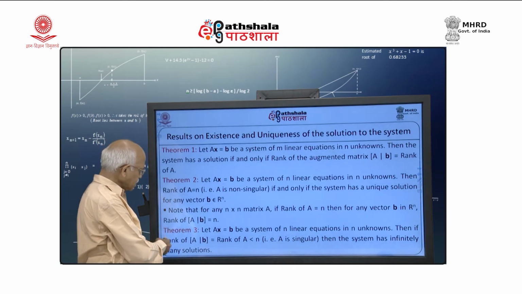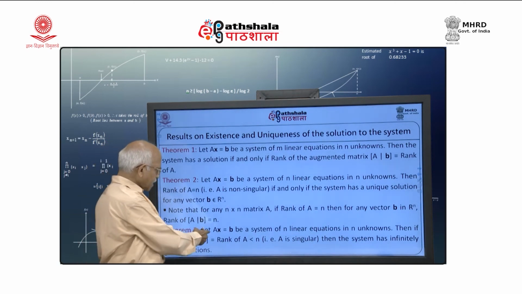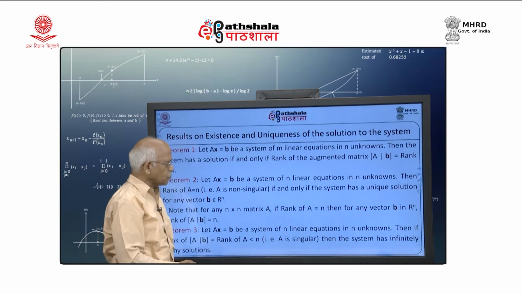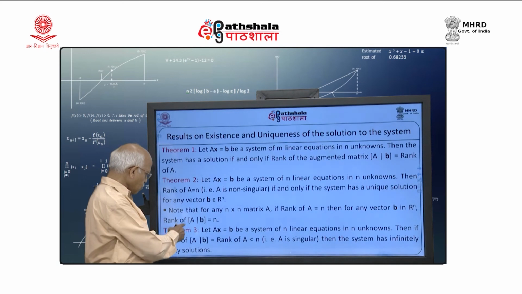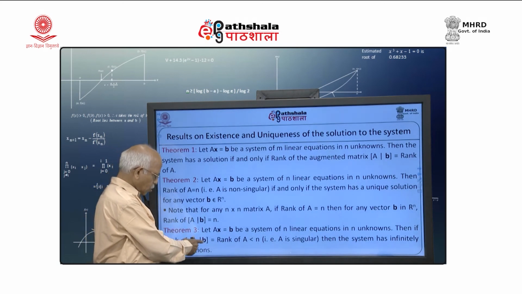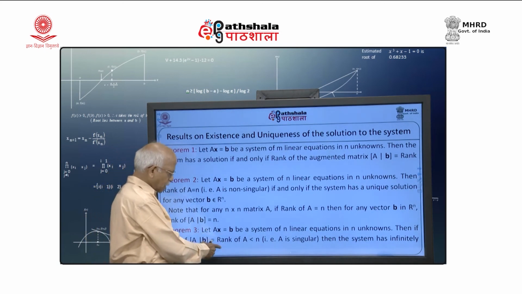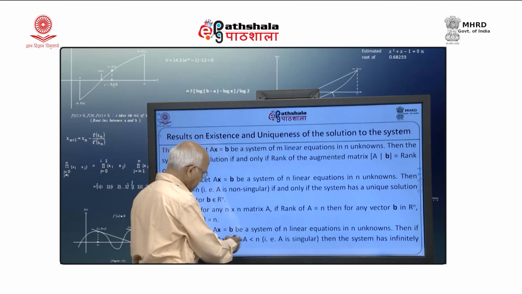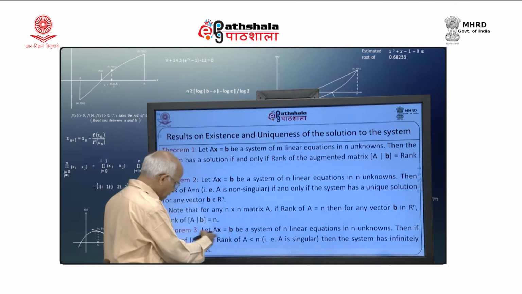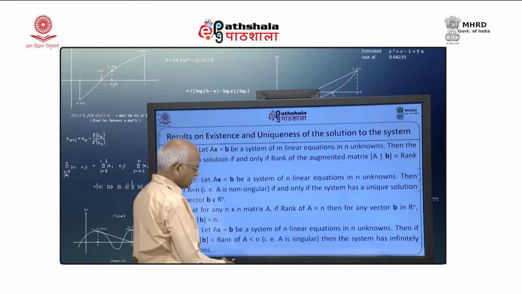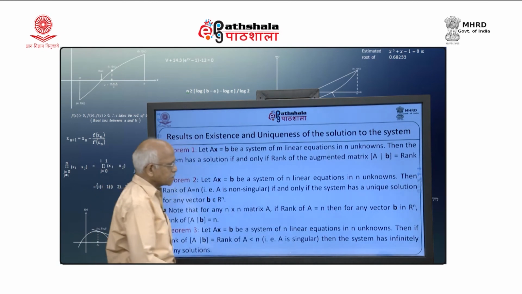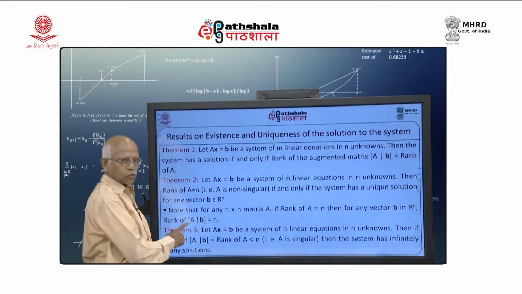Now, theorem 3 says let A x bar equal to B bar be a system of n linear equations in n unknowns, and if the rank of [A B bar] is equal to rank of A, and both these ranks are equal, therefore, it will have a solution, and if it is less than n, then the system has infinitely many solutions.